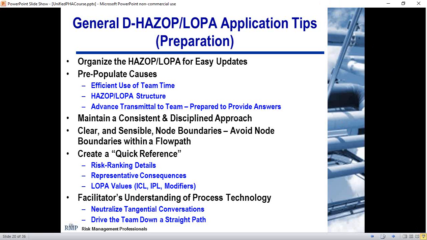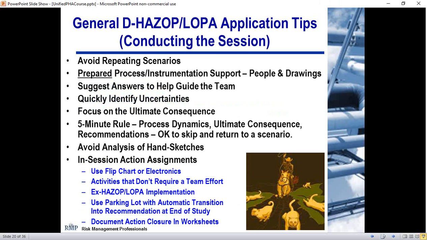So let's talk about some of the team sessions. Avoid repeating scenarios. Some people think maybe it's a great idea to talk about the same thing twice. Wrong. Talk about it once, do a thorough job, document it well, and then the next time it comes up, if somebody is saying, no, this is different, listen to them.